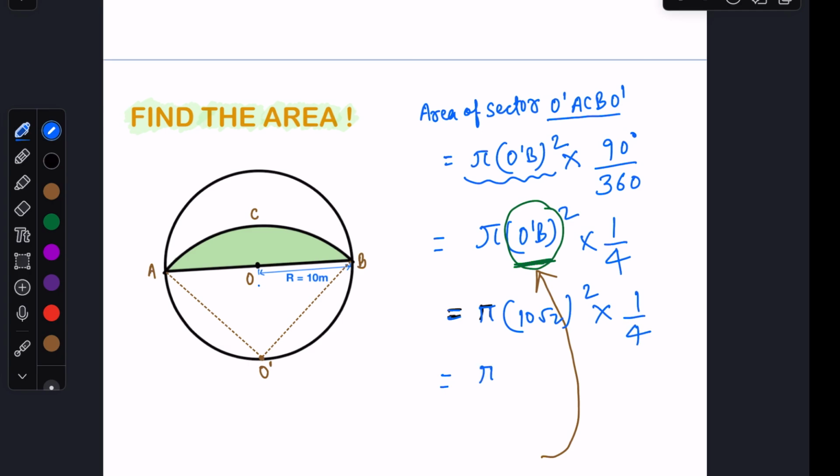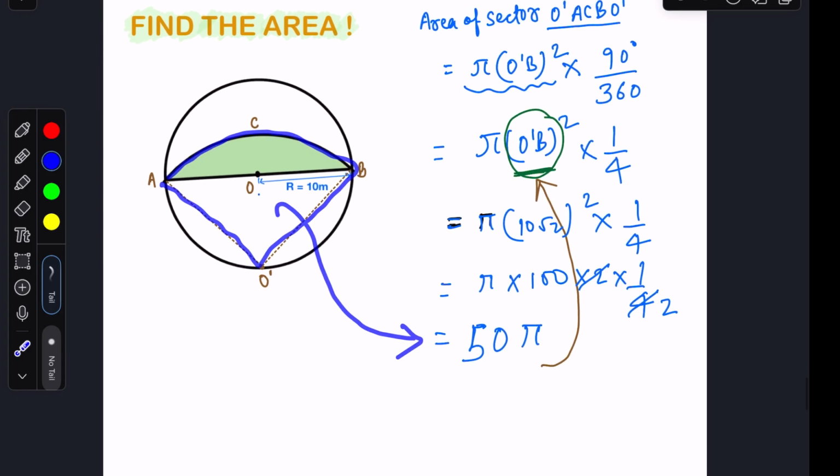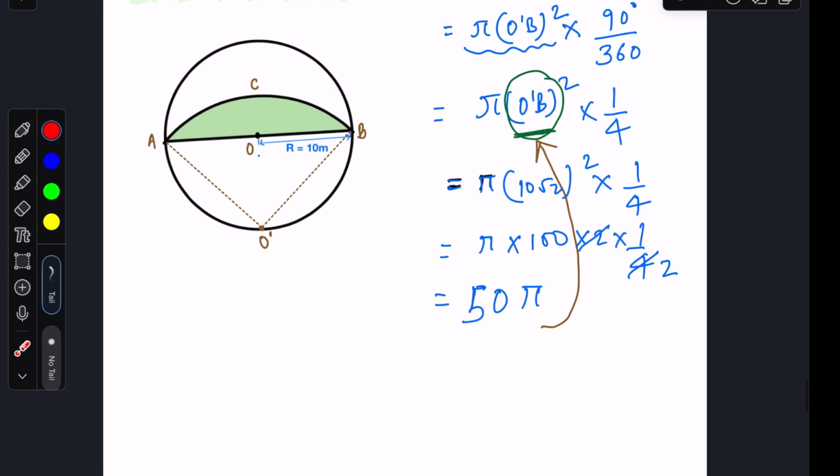So this is pi into 100 into 2 into 1 by 4. We cancel the 2 and this will be 50 pi. So area of sector O dash ACBO dash A is 50 pi. Now if we subtract this triangle, we will get our desired area.